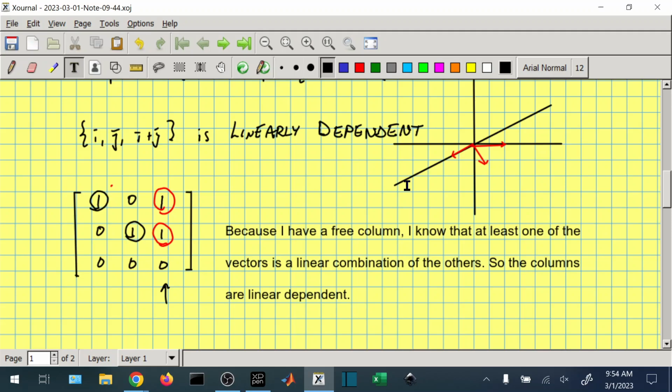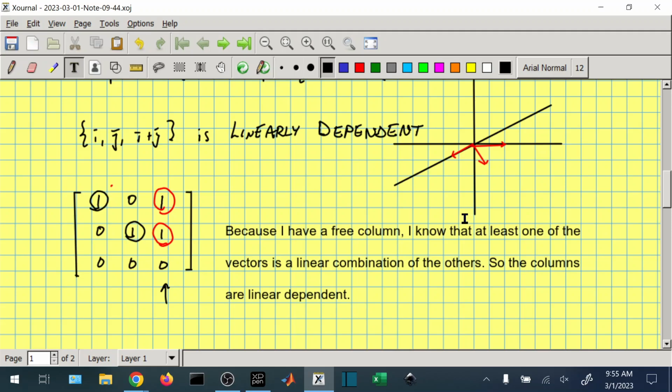And we reduce that matrix. And if we find a free column, then we know they're linearly dependent. And if that matrix turns out to have no free columns at all, so it's square and it's row equivalent to the identity, then they're linearly independent. Okay? So the definition and how we do it are a little different.